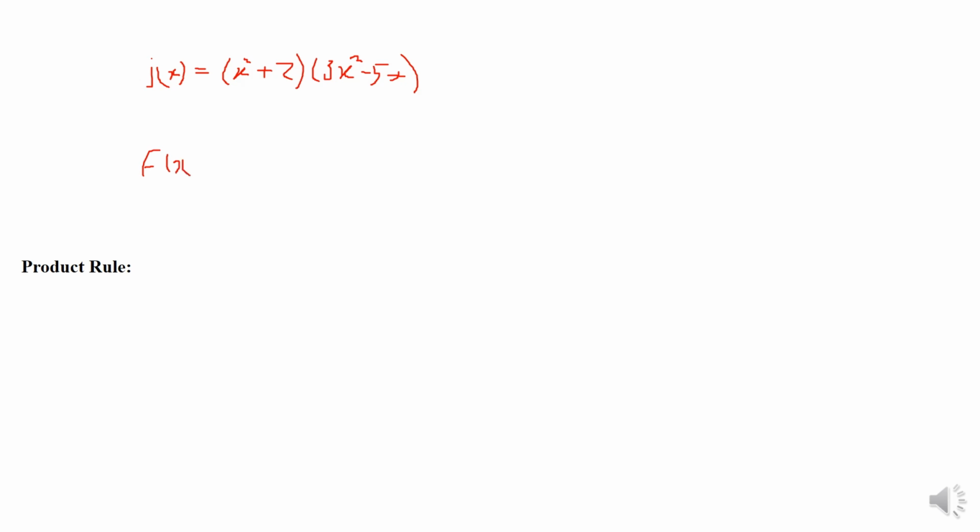So f of x equals x square plus 2, and g of x equals 3x square minus 5x.